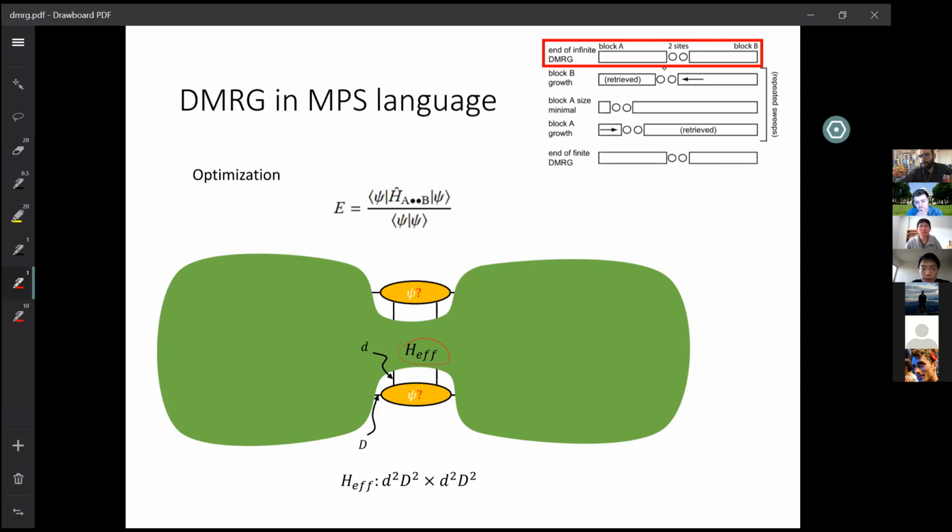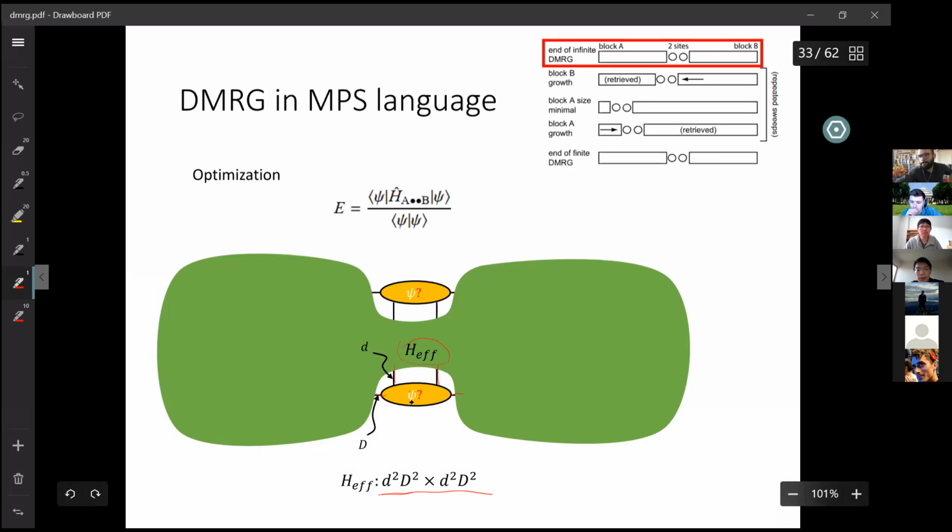The problem is reduced to this: these bonds have their bond dimensions labeled here. If you combine all these four bonds together into a thicker bond, then psi is just a vector, and H effective is a matrix of this dimension. So you are just diagonalizing H effective to find the psi vector.